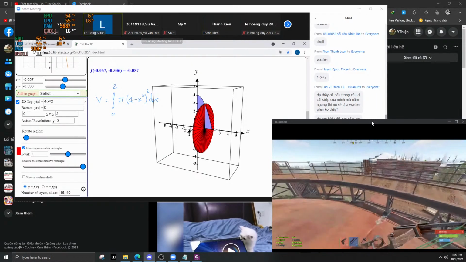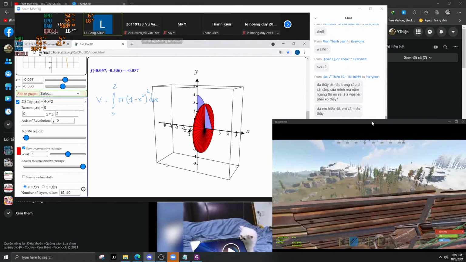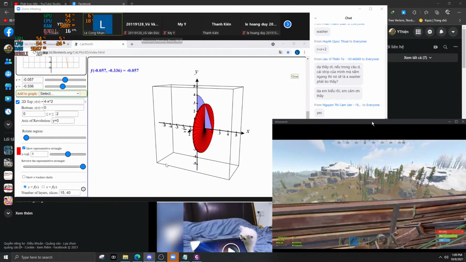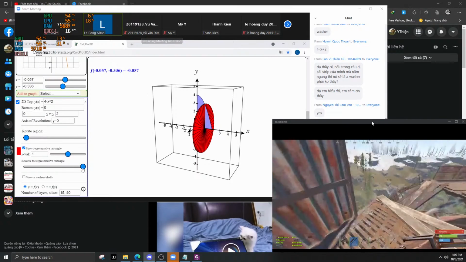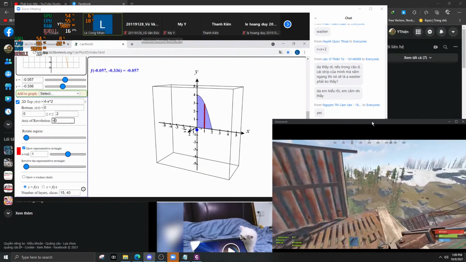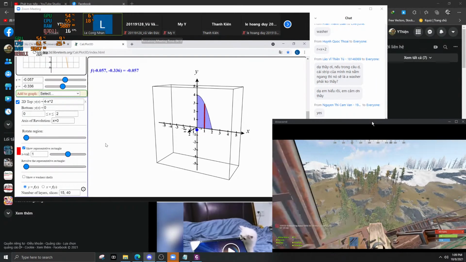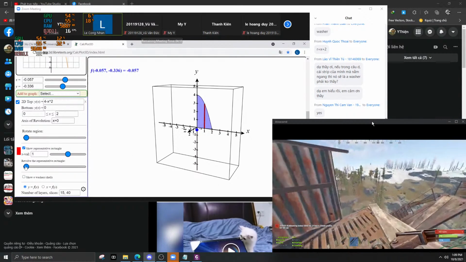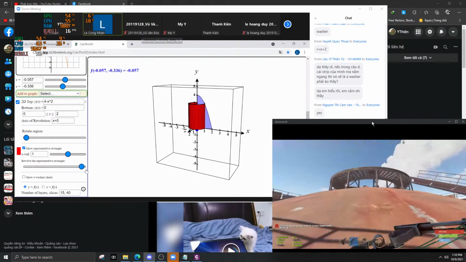You get the idea? In the other case, if we revolve about the axis of revolution, that's the y-axis, x equals 0. Now we revolve the representative rectangle about the y-axis.